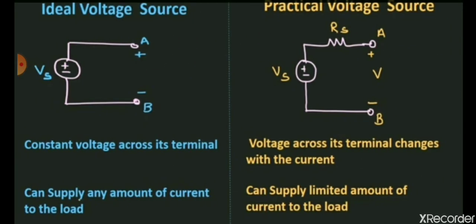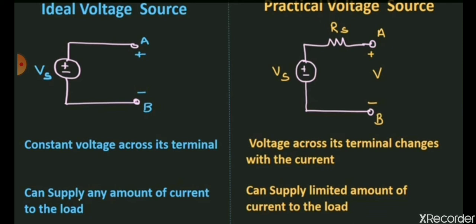So we can revise the ideal voltage source and practical voltage source. An ideal voltage source has no internal resistance, or zero internal resistance, and a practical voltage source has internal resistance which is connected in series with the voltage source.